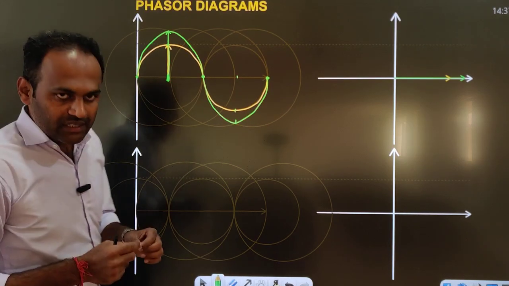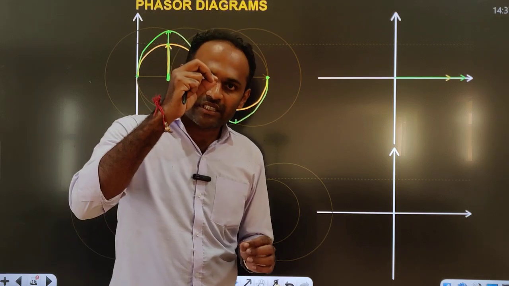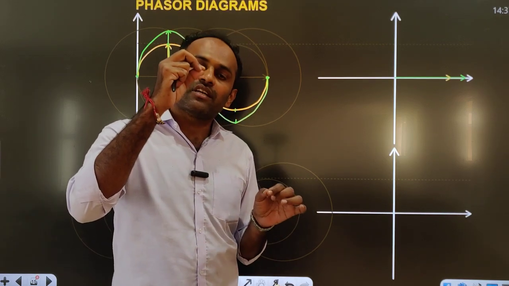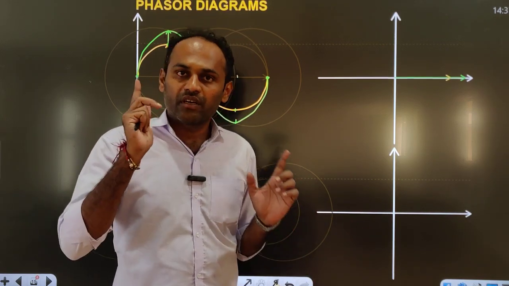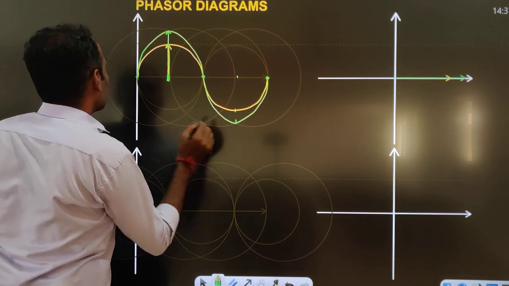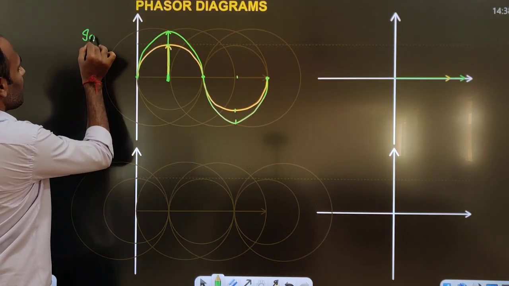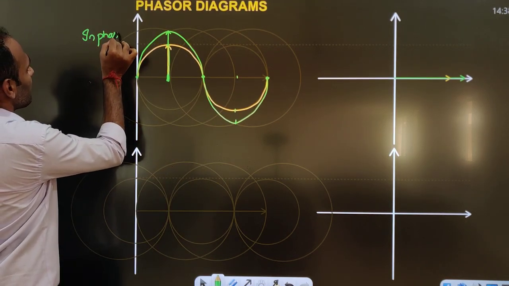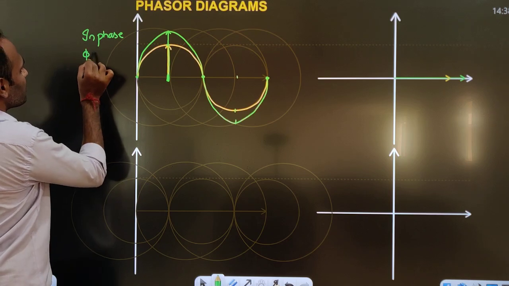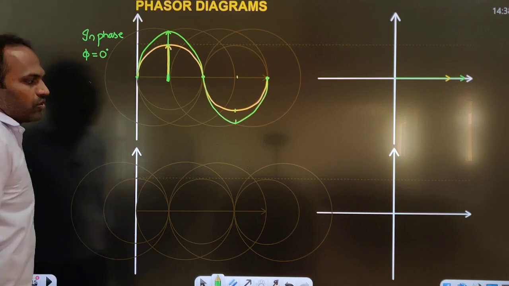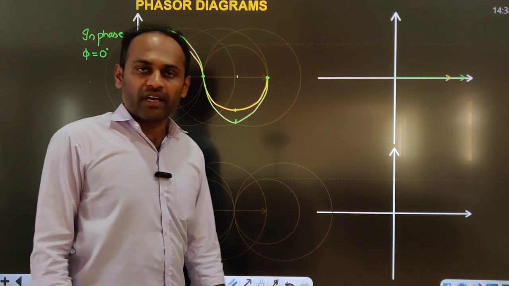So both cycles are reaching the peaks at the same instant, reaching the minimum at the same instant, and reaching the depth at the same instant. So these two waves are said to be in phase. I will call these two waves in phase, and if they are in phase, then the phase difference should be taken as 0 degrees. That means their phase difference is 0 degrees.